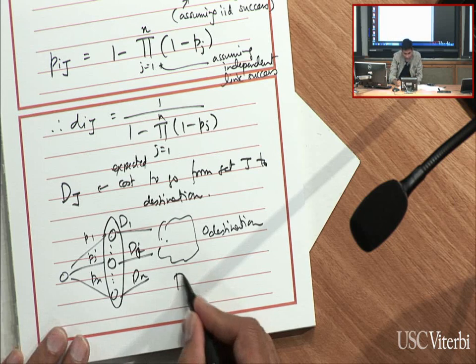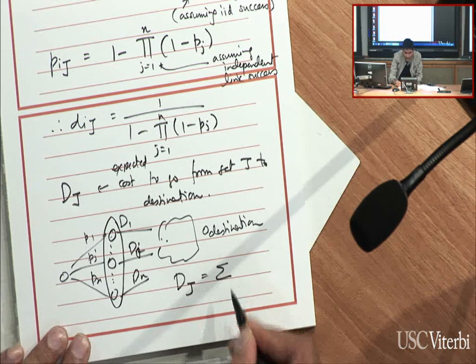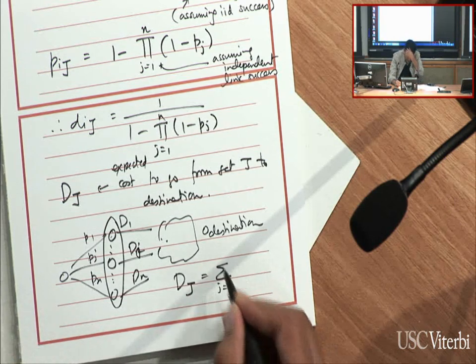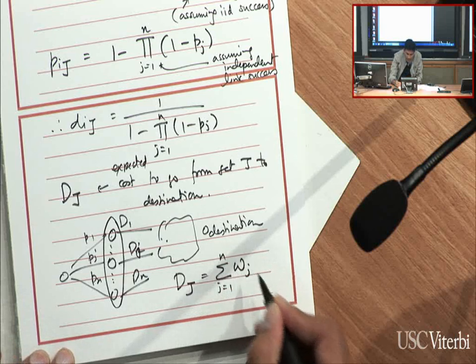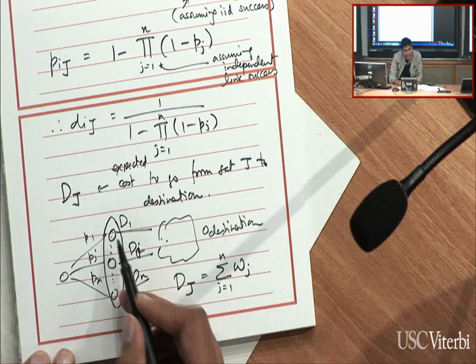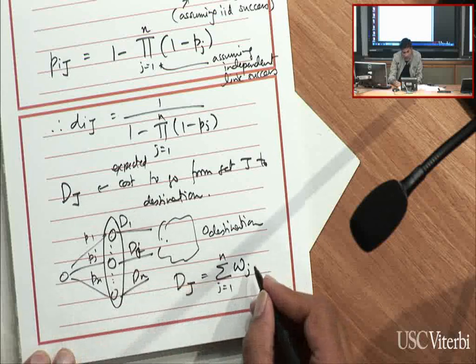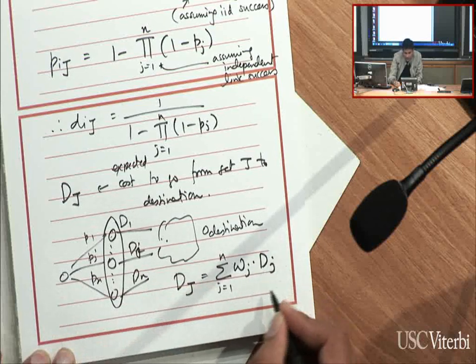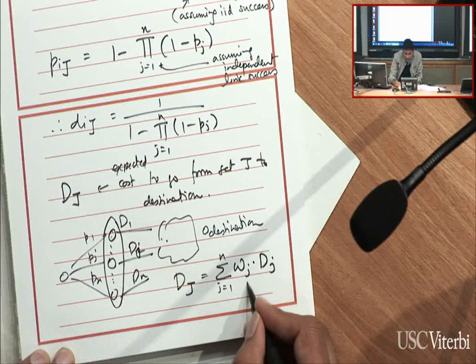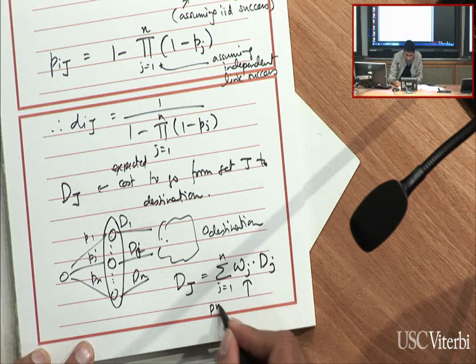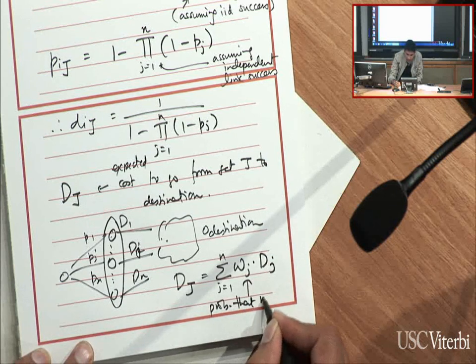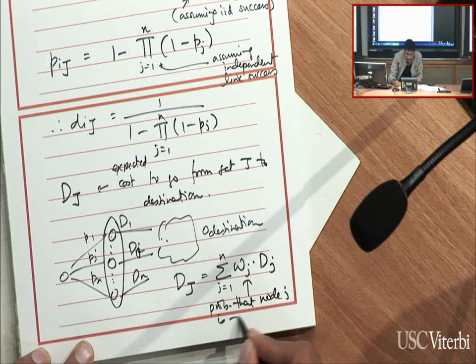In other words, Dj is the summation of j going from 1 to n of some wj, which is the probability that node j is the forwarder, times the cost to go from that node onwards.